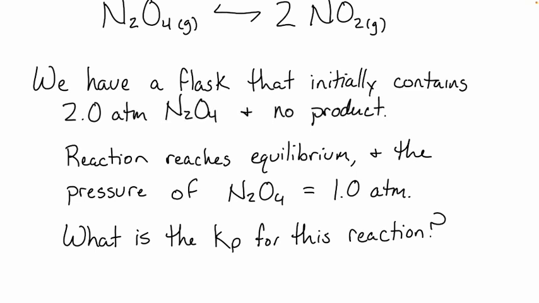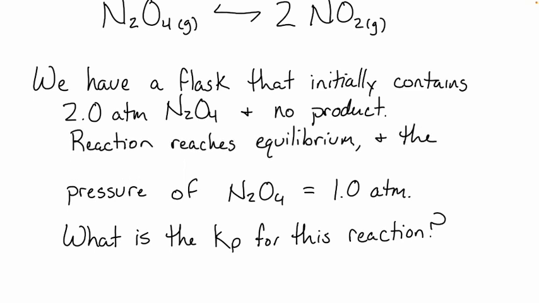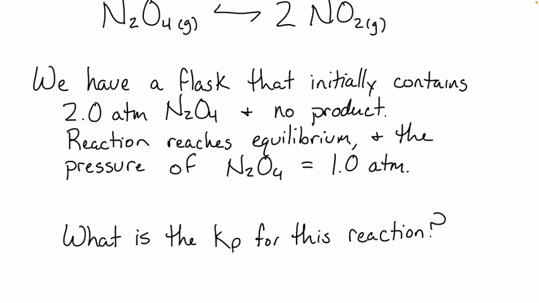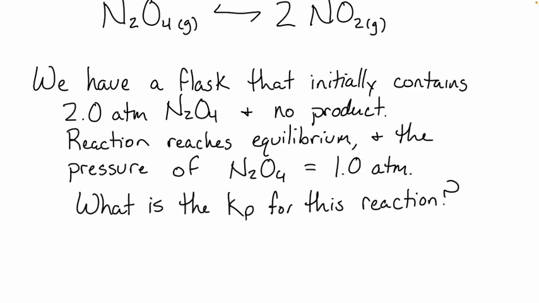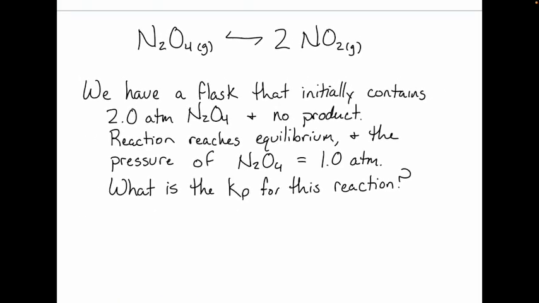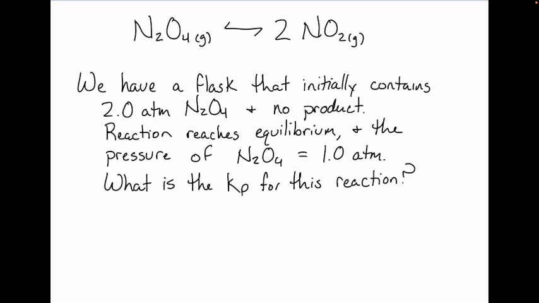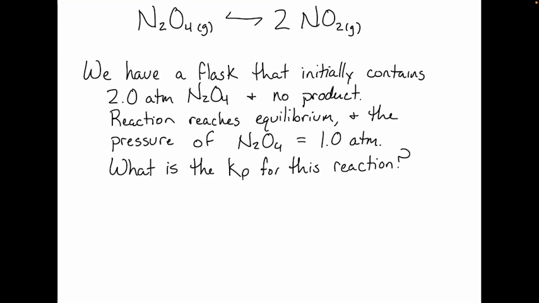All right, let me make a little more room for myself. Okay, we have our balanced chemical equation. All right, we had our equilibrium expression. Our Kp is the concentration of the NO2. Oh, not concentration. What do I want? Pressure.